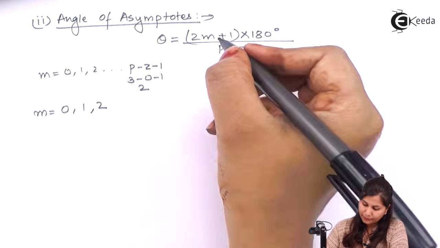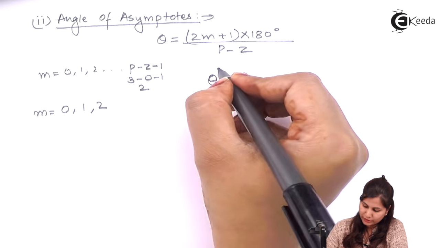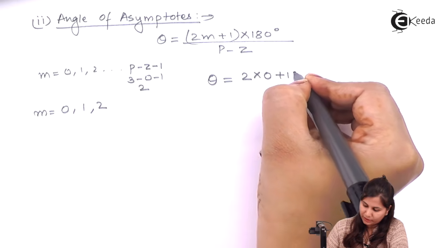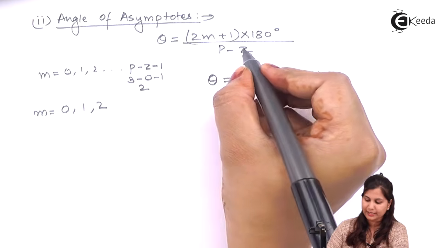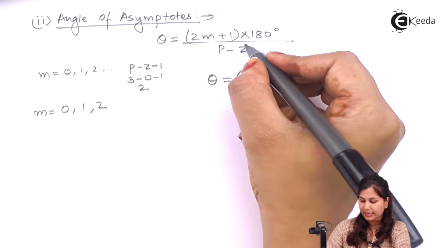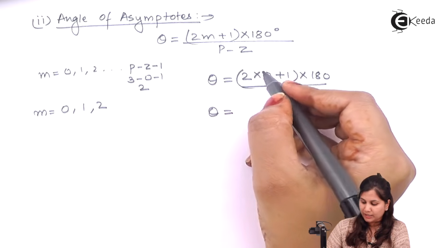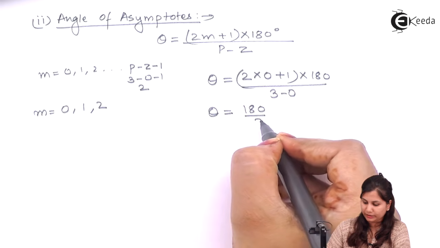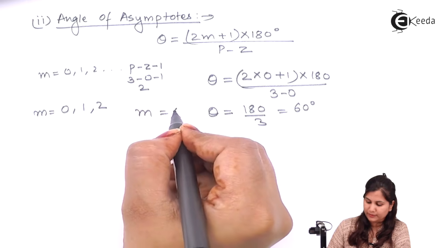Okay. Put the value of m here. First putting m equals 0. So (2 into 0 plus 1) into 180 upon p minus z. Number of poles is 3 and number of zeros is 0. So theta will be (0 plus 1) into 180, 180 by 3. So it will be 60 degrees for m equals 0.